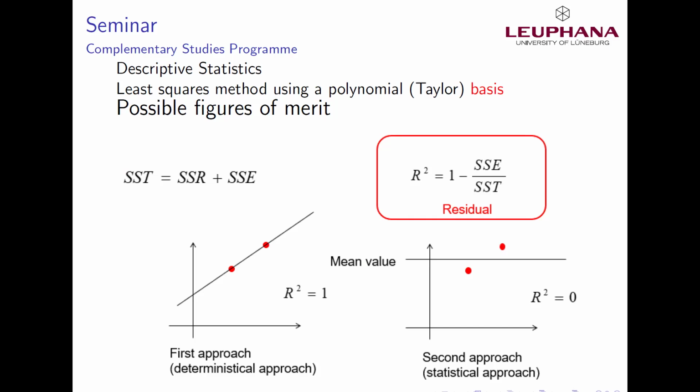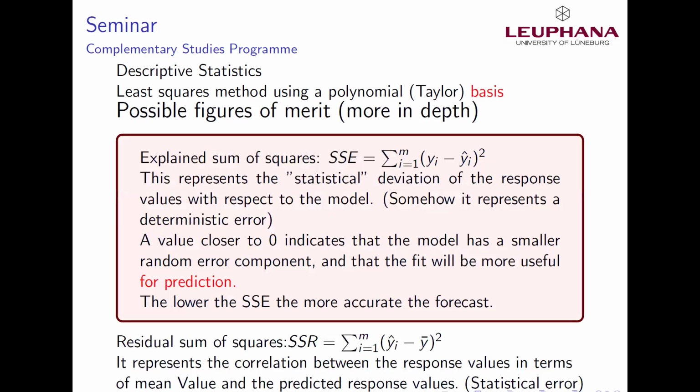In this case, SST is always given, because it depends on the measurements. If SSE is the minimal possible, SSR is the maximal one. Therefore, we read in the book that the first approach is an approach in which we have the minimal deterministic error but the maximal statistic one. And vice versa, the second approach. Because in this situation, we have R square equals 0 because SSE equals SST. I showed you before, I think.